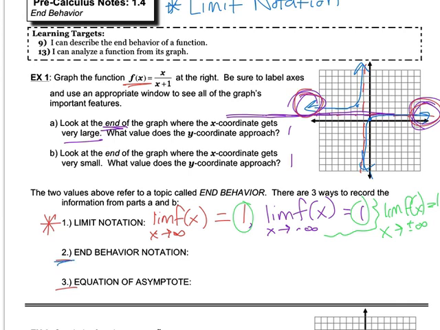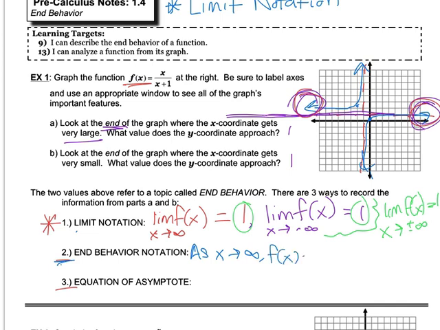The next way is end behavior notation, which is confusing because we already described the end behavior with limit notation, but end behavior notation is just closer to how we say it in English, not using the actual word limit. We're just going to write out in words what's happening as x approaches infinity and negative infinity. So using end behavior notation, you write out as x approaches, so that arrow means approaches, infinity, comma, and then you write what the function itself does.